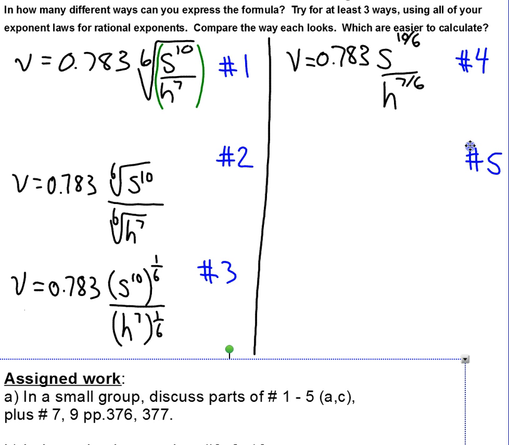We could say our fifth variation here might look like, okay, I'll take my 0.783, no change there, and I'm going to first apply the sixth root, then I'm going to apply the exponent of 10, and again here, first I'm going to apply the sixth root, then I'm going to apply the exponent of 7.